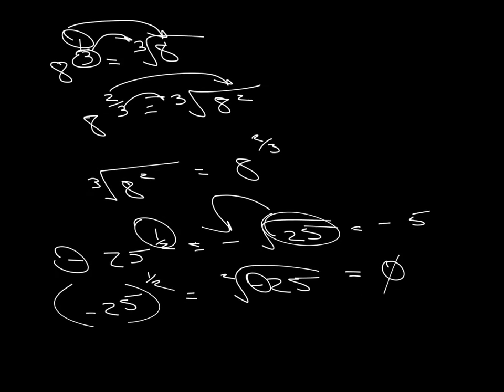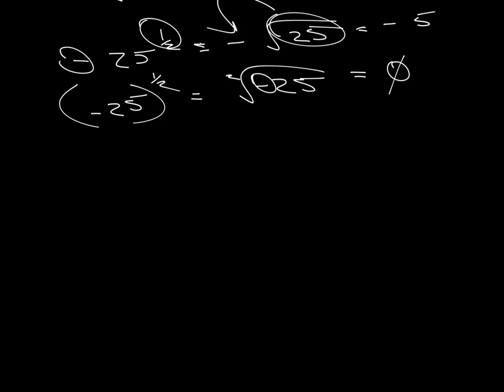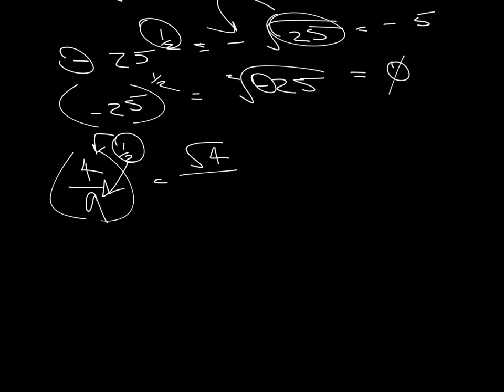Okay, so when you have a fraction to the 1/2, that 1/2 applies to both the top number and the bottom. So we would write that as the square root of 4 over the square root of 9, which equals 2/3 for our answer.